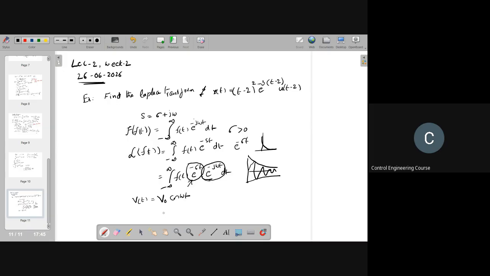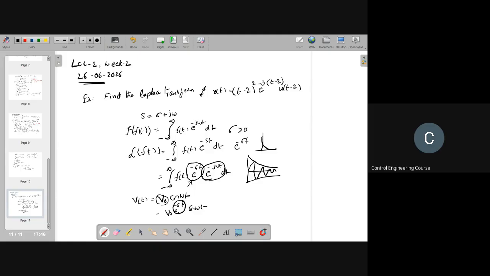But now you are representing how this magnitude is changing with respect to time, not only the frequency. So that means V naught e to the power of minus sigma t cos omega t. This tells how your sinusoidals are damping with respect to time. So this is a more generalized version of the Fourier transform. Clear? Yes, ma'am.